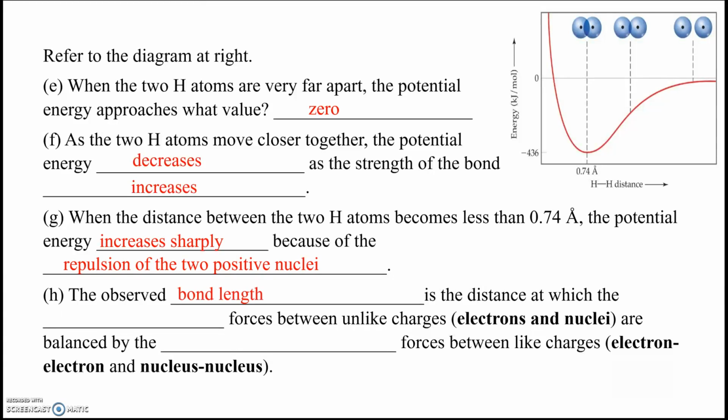So the observed bond length is the distance at which the attractive forces between the unlike charges are balanced by the repulsive forces between the like charges. And when those 2 things reach an equilibrium condition, that's our bond length. And in hydrogen, that happens to be 0.74 angstroms.